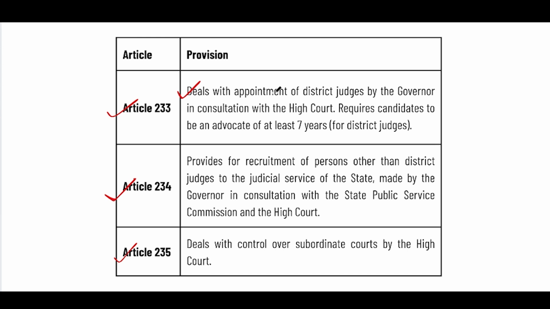Article 233 deals with the appointment of district judges by the governor in consultation with the high courts. It requires the candidate to be an advocate of at least 7 years in case of a district judge. Article 234 deals with the recruitment of persons other than district judges to the judicial service of the state, made by the governor in consultation with the State Public Service Commission and the High Court.